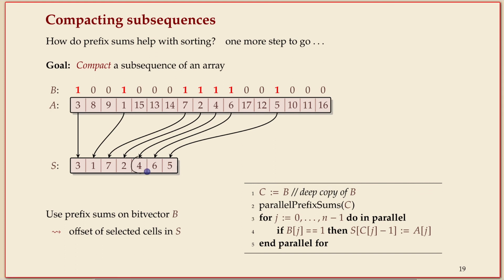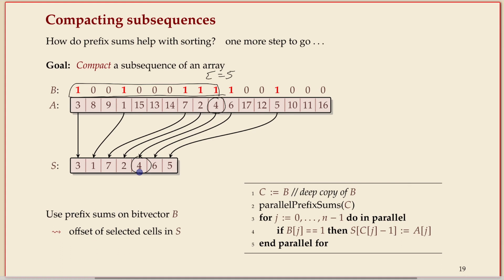Precisely for this 4, say, if we check where it comes from, the position in the array is essentially the number of ones in b to the left of that point. So we would like to sum up the number of ones here. If we sum that up, that's 5. And 4 is the 5th element. So apart from the plus minus 1, because we start indices with 0, that's the answer.